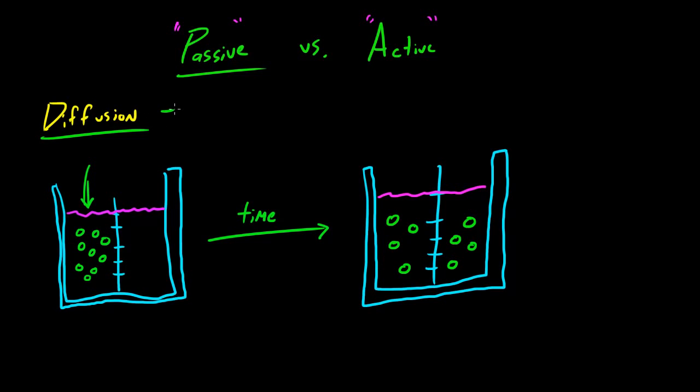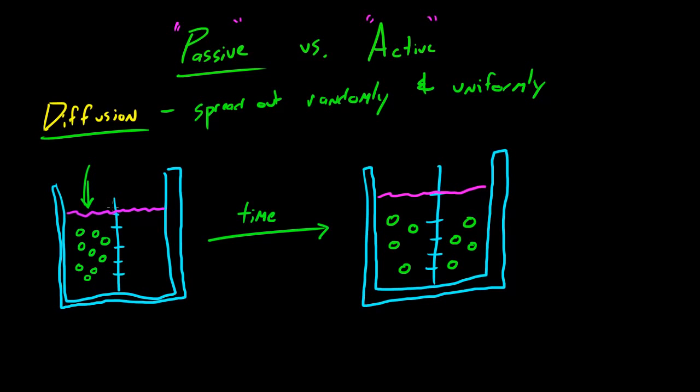So pretty much in diffusion, molecules spread out randomly and uniformly. So obviously, as we can see, just through the process of nature and how things spread out randomly, the sugar molecules aren't just going to remain packed on one side for no reason.